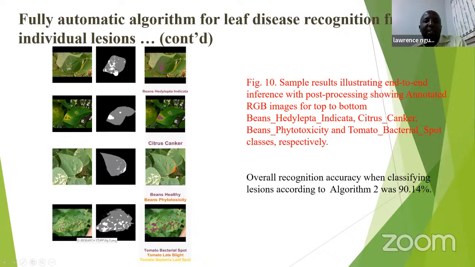From these pixel maps, we took the connected components, which are the white parts, and classified them one by one. And the network was able to tell us what disease was present in each of the spots. And this is what we find in the final column here.